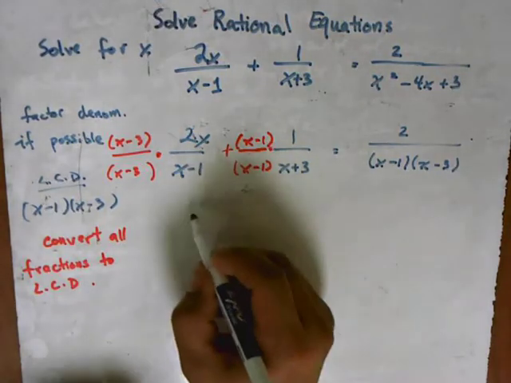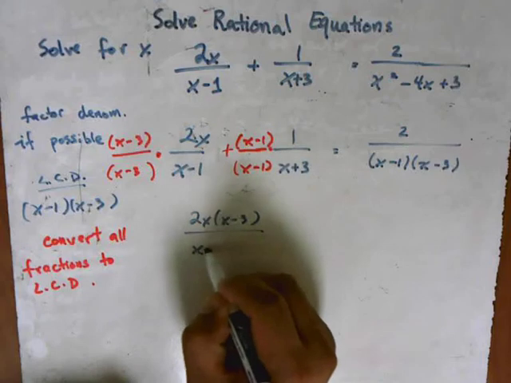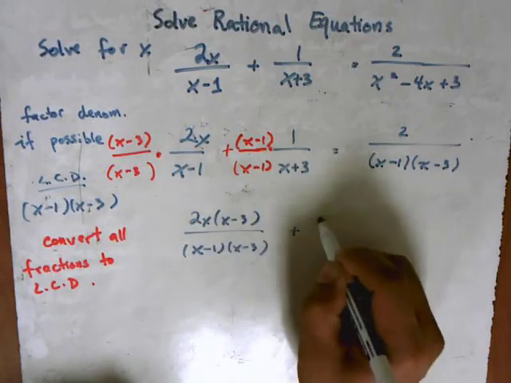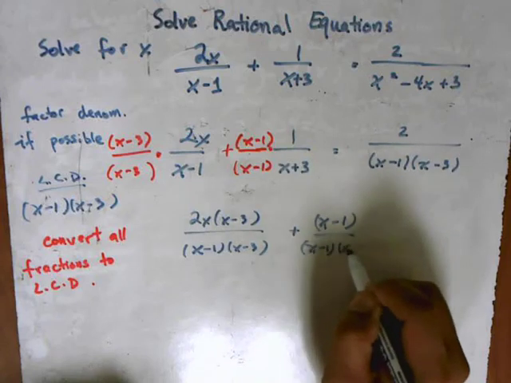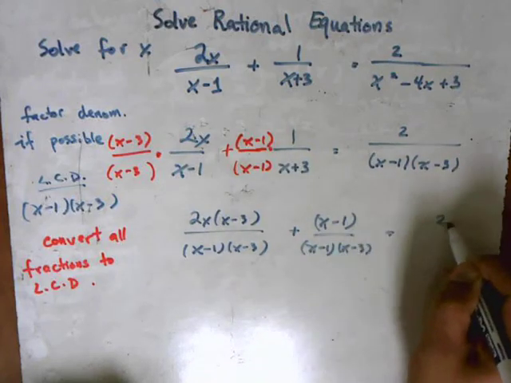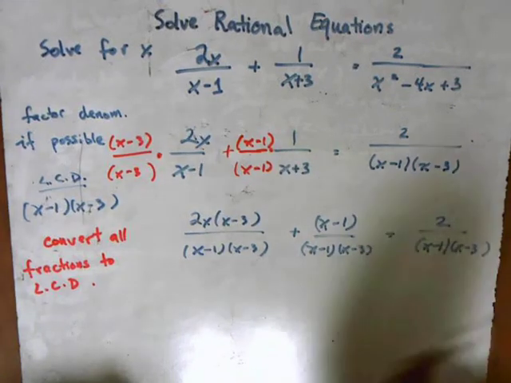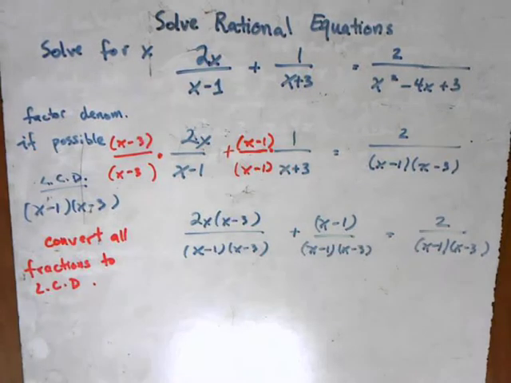Well, we have 2x times x minus 3 over x minus 1 times x minus 3 plus x minus 1 over x minus 1 times x minus 3, which is equal to 2 over x minus 1 times x minus 3. Now, since all of the denominators are the same, we can quote-unquote clear out the denominators.